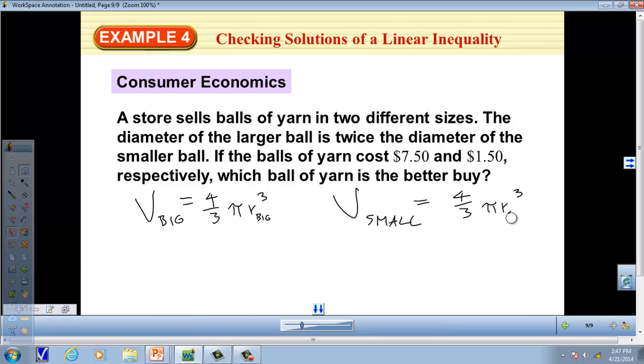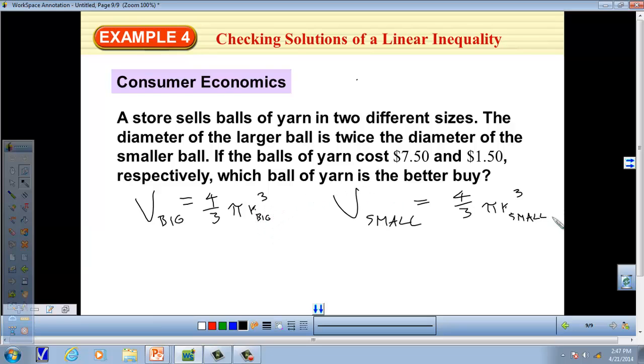Okay, let me try that one more time. Alright, so it says the diameter here is twice the diameter of the smaller ball, so that means that the radius would also be twice as big. So if we wanted to, we could say this was r and this would be 2r.